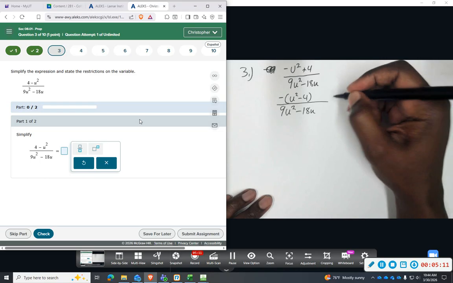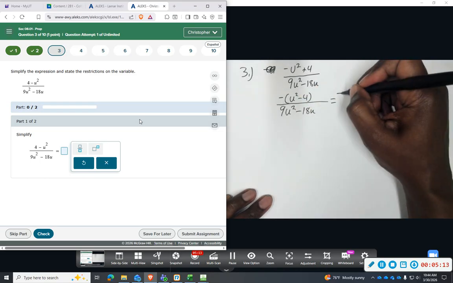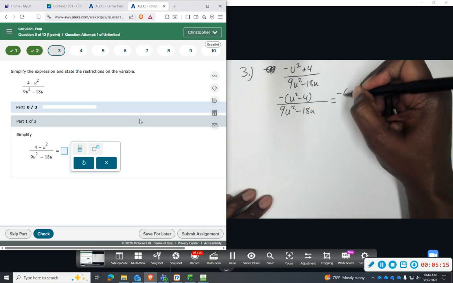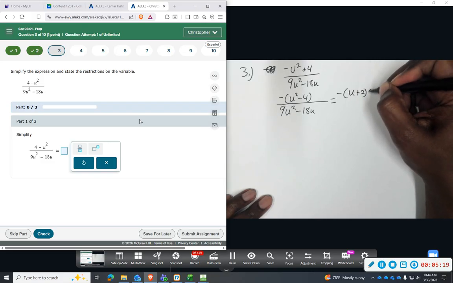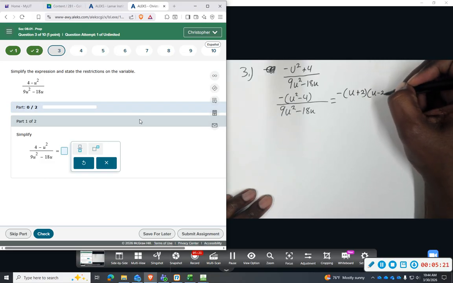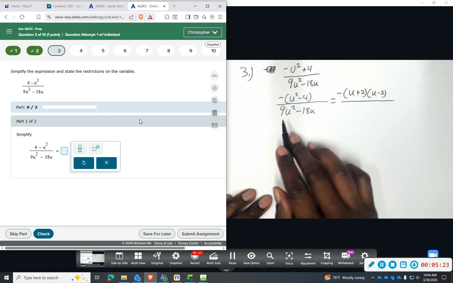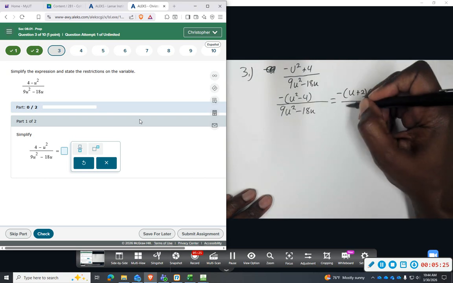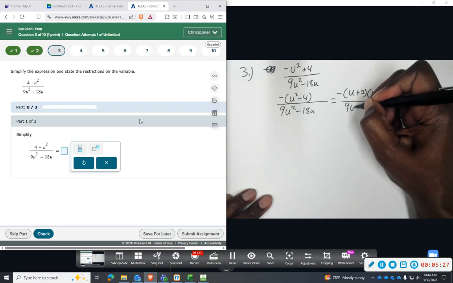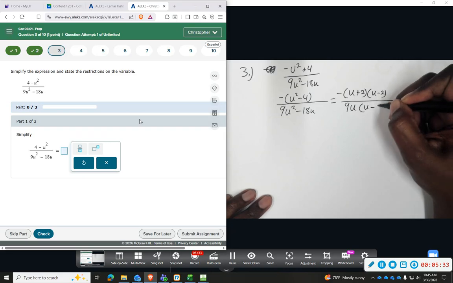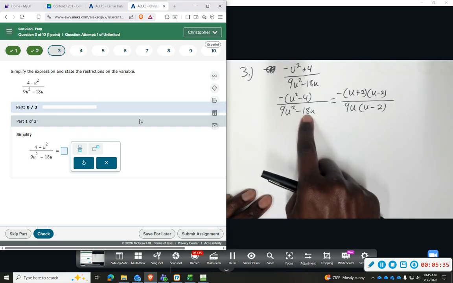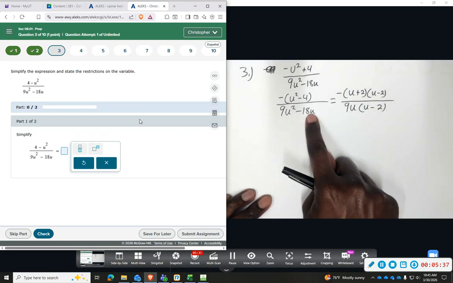So this will be equal to a negative out front. Difference of squares will give us u plus 2 and a u minus 2. On the bottom, factor out a 9u from both. And then that will leave us with u minus 2. Because divide by 9 gives you 2, and you took the u out.